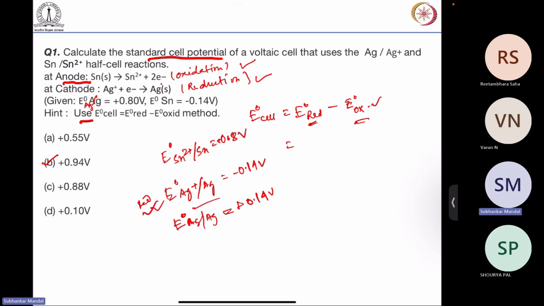Then you can write 0.8 minus minus 0.14 volt, so 0.8 plus 0.14 volt, that is 0.94 volt. Yeah, so B is the answer. Yeah, correct.